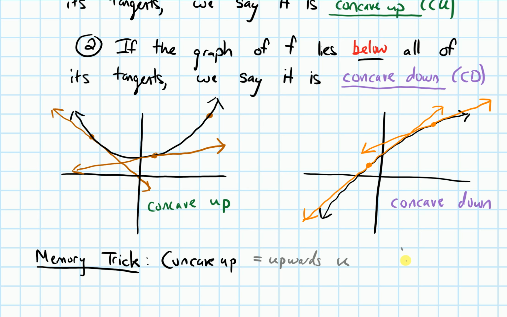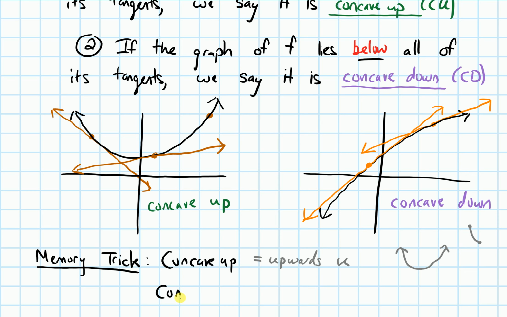So by that I mean something like this. It doesn't have to be this whole shape, it could just be part of this shape, so it could be just like this part. That would be a concave upwards portion of a graph, or it could be that whole thing. But an upward U corresponds to a concave up shape.